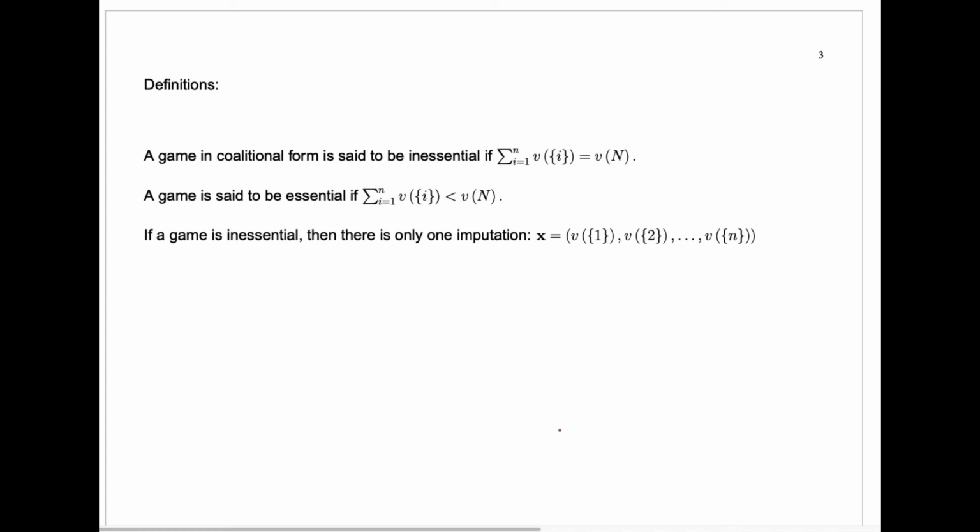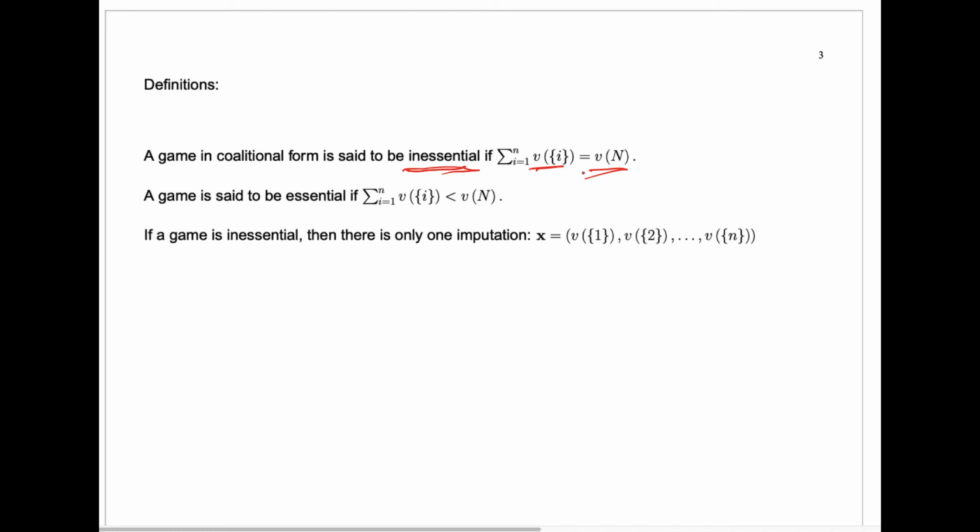A few more definitions. There are lots of definitions here, and it'll take a while for us to see examples of all of these. When we have a game in coalitional form, we'll call it inessential. Think of inessential as being kind of uninteresting. Inessential if the sum of the values of the singleton coalitions, the sum of the values for each individual player, is equal to the value of the grand coalition. Why is that something we want to call inessential, or I would call it uninteresting?